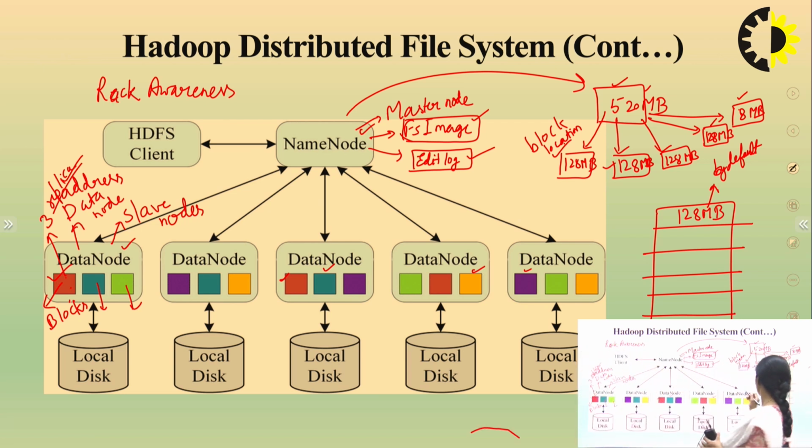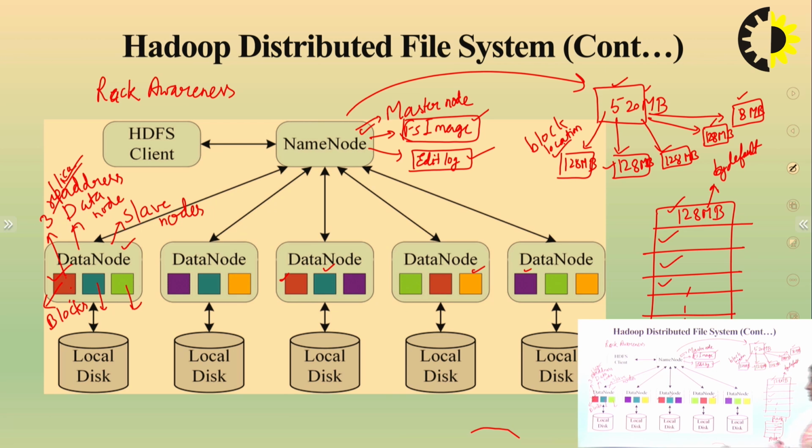Now this is rack 1. Suppose I have another rack, this is rack 2. In rack 1 there is one block, another block, third block, fourth block, and so on. In rack 2 again there is one block, second block, third block, and so on.